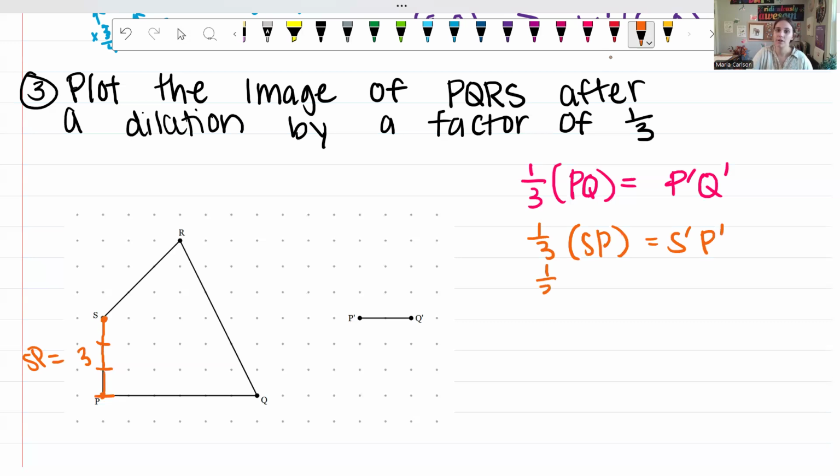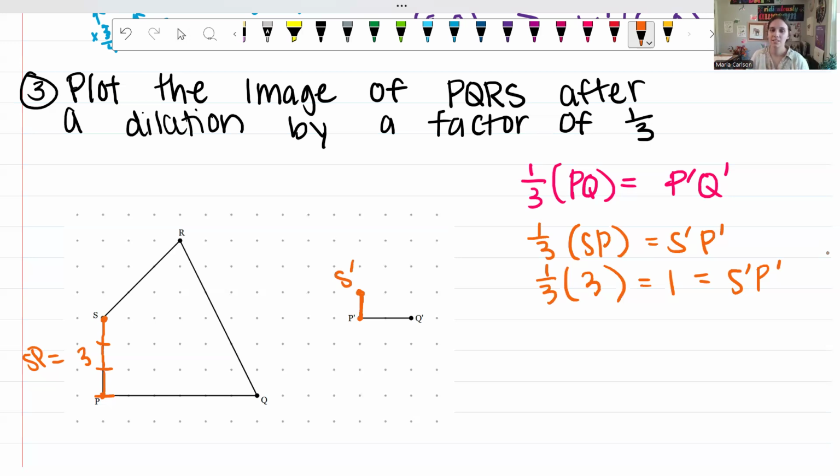So 1/3 of this length 3 is 1. So S prime P prime is going to be 1 unit, and it would be up from whatever P prime is. So I'm going to go from P prime up 1 unit, and this will be our new S prime. So now I can plot this 1 unit tall S prime P prime.